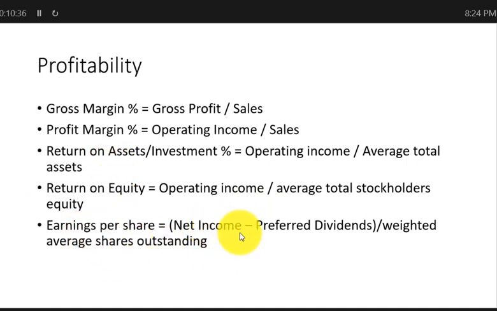Earnings per share is net income minus preferred dividends. If there's no preferred stock, then there are no preferred dividends. That's divided by weighted average shares outstanding. We're not going to go into detail about how that's calculated. We'll just have that given to us. So that's just a dollar amount.